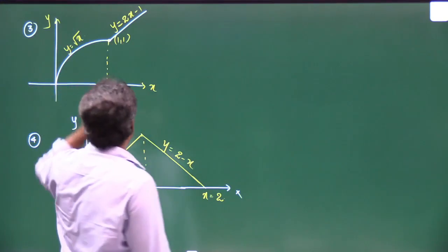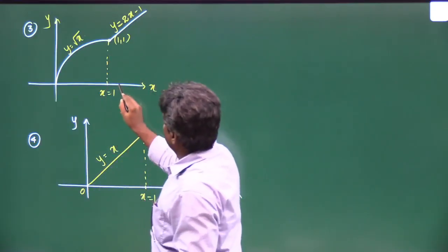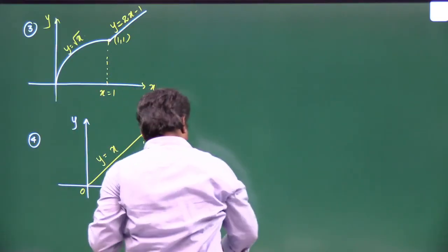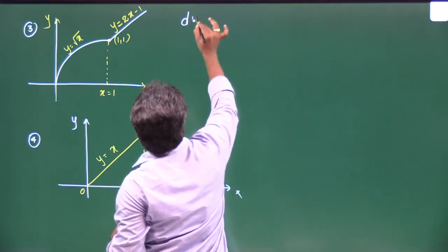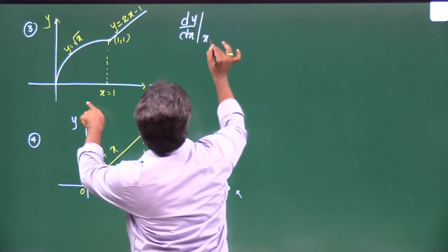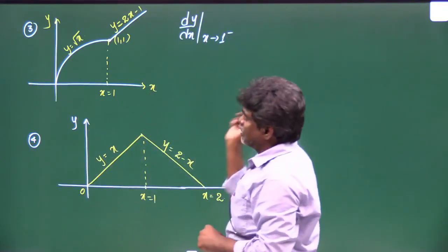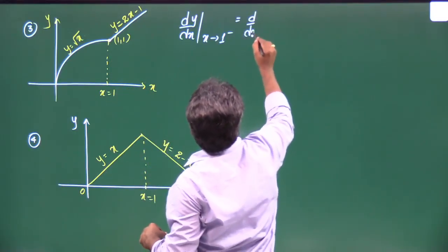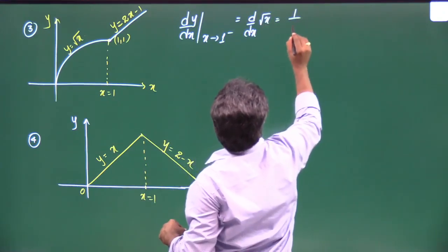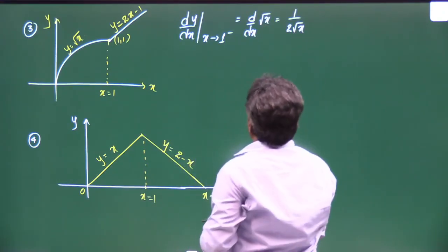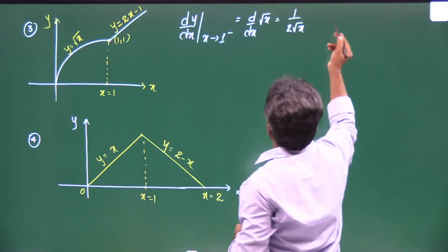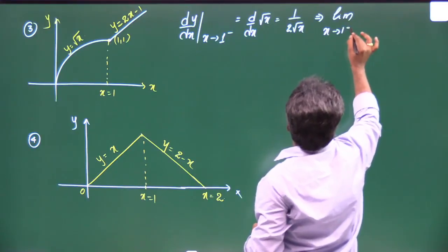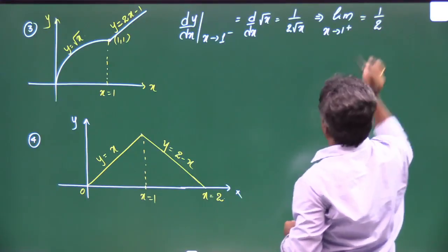Now they have given the graph like this, and they are asking the differentiability at x equal to 1. So here I am taking the derivative dy by dx as x approaches 1 from the left side, that is x tends to 1 minus. We take this function, root x, whose derivative is 1 by 2 root x. If you take the limit as x tends to 1, this is nothing but 1 by 2.